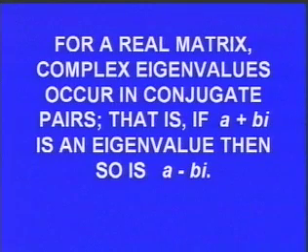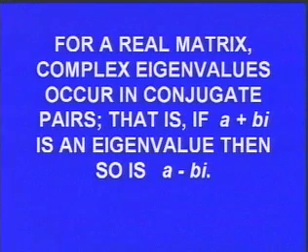Okay, for a real matrix, complex eigenvalues always occur in conjugate pairs. That is, if a plus bi is an eigenvalue, then so is a minus bi. The reason this happens is because those complex eigenvalues always come from the quadratic formula.